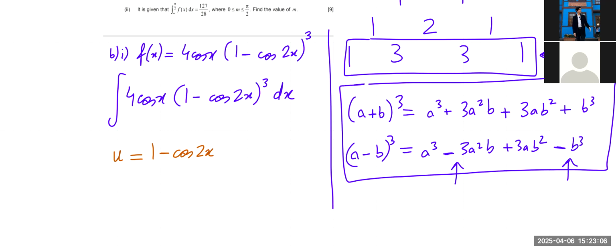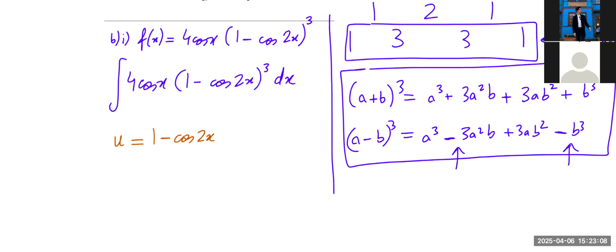Now, the second step is always the same. Derive your substitution, du over dx. Find that out. What's the derivative of 1? Doesn't it just disappear? Yeah, it becomes 0, exactly. And what is the derivative of minus cosine 2x? Minus 2 sine of 2x. Well, what's the derivative of cosine first? It's negative sine, right?